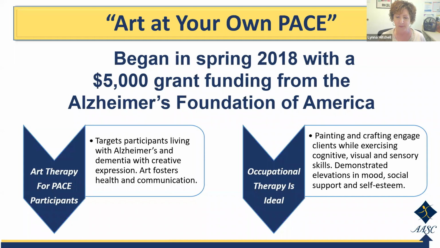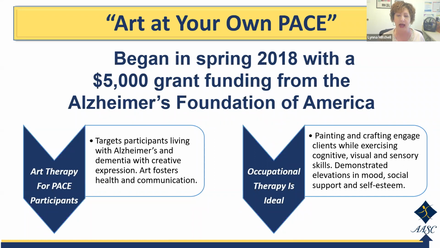Art at Your Own Pace began in the spring of 2018 with a $5,000 grant from the Alzheimer's Foundation of America. This program holds an extra special meaning to me because it was the first grant I wrote for Appalachian Agency. It was originally designed to target our participants in the PACE program living with dementia because it's been shown that art fosters health and communication, and it also promotes the integration of physical, emotional, cognitive, and social functioning.